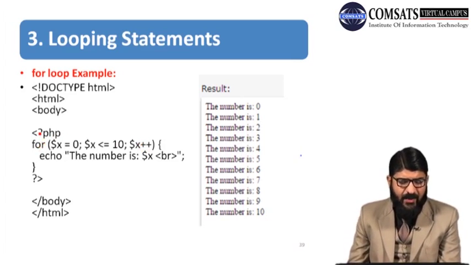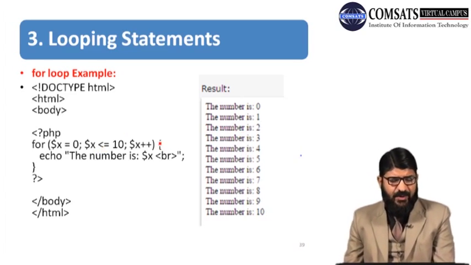The variable will come to the compiler condition here. So it will see that the variable value is 0, so the number is printed as 0. A line break is given. Again it increments and comes to the next condition. The value is incremented because of this particular increment condition, so it will print the number is 1, line break, and again because of the incremented value it will check that it is less than 10, so the variable is 2.